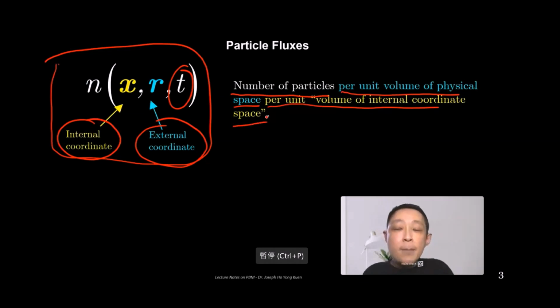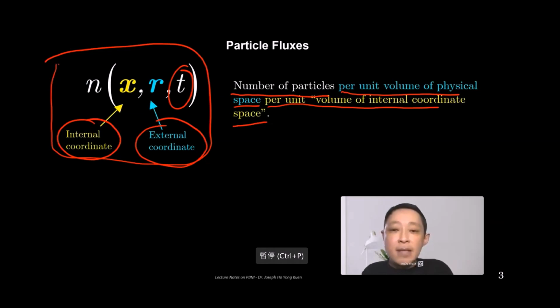In general, the internal coordinate space can have multiple dimensions: more than 3, 4, 5 dimensions. But we consider the entire domain throughout all the internal coordinate space as the volume.